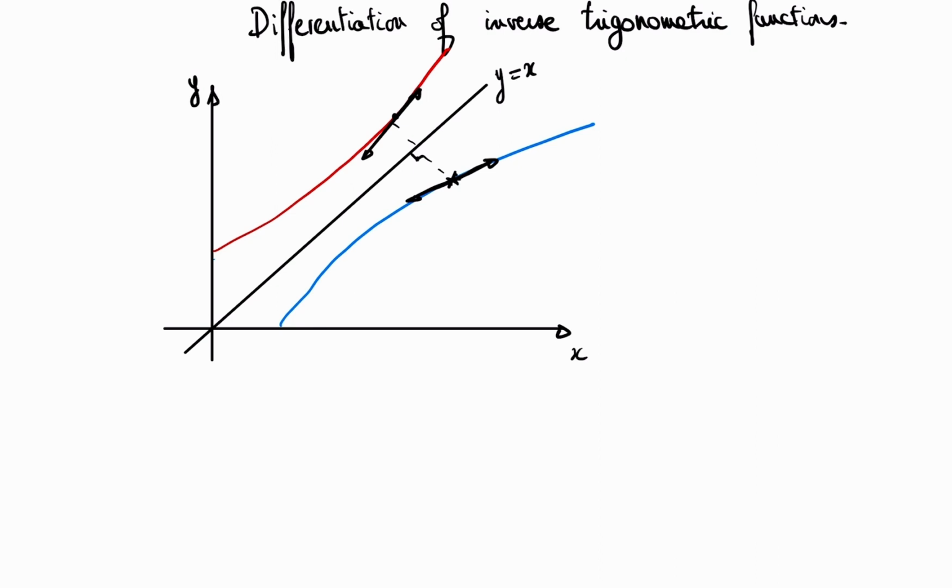So this is written like that: dy over dx is equal to 1 over dx over dy, because dx over dy represents the slope for the red line, whereas dy over dx represents the slope for the blue line.